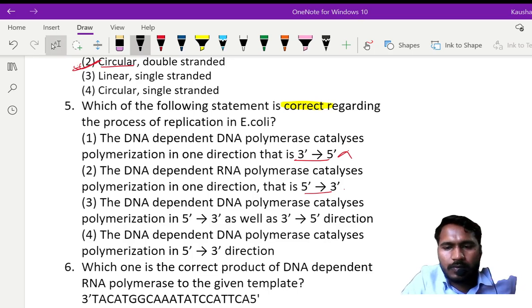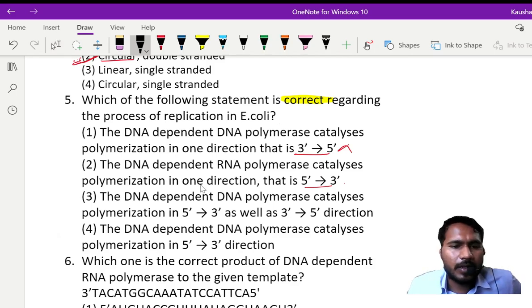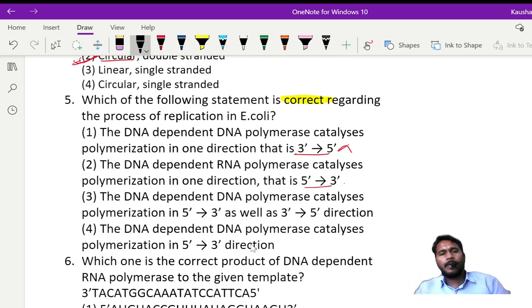So what could be the answer for this question? DNA dependent DNA polymerase and DNA dependent RNA polymerase catalyze polymerization in one direction, that is 5 prime to 3 prime direction.